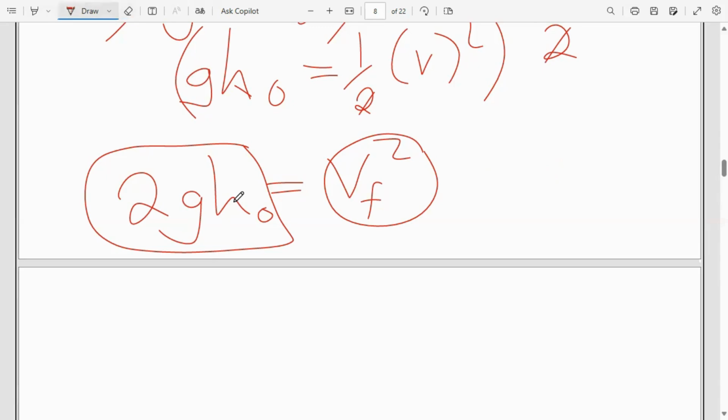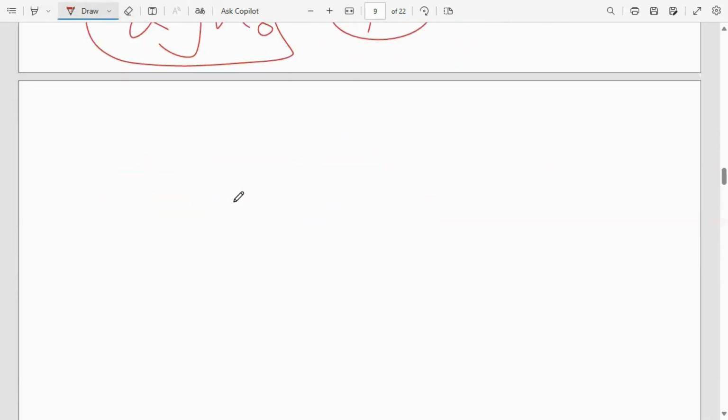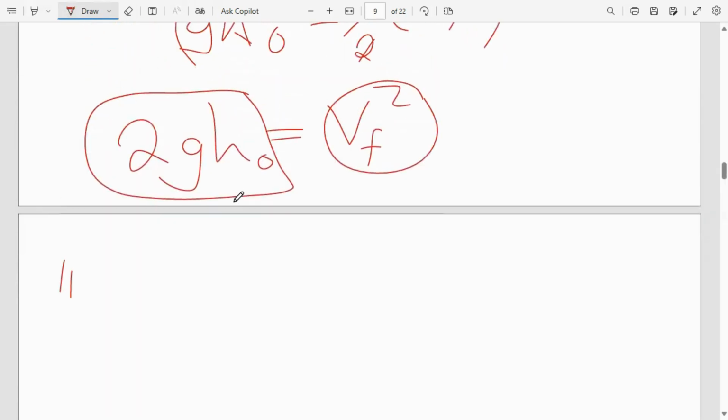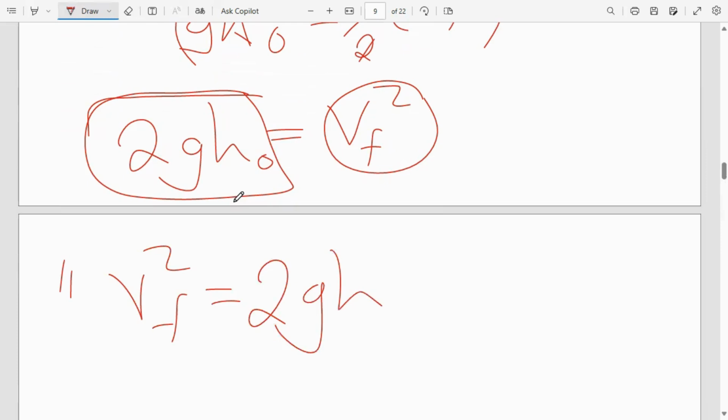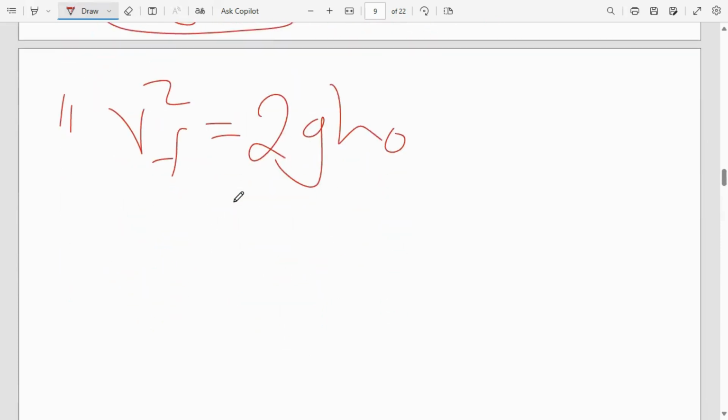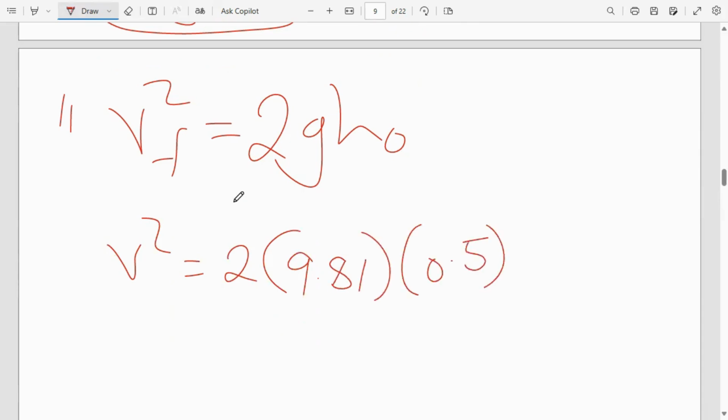Now we can look at question 2, which was asking us to calculate the velocity at B. We've already found the expression for the velocity at B. V final squared will be equal to 2gh. So V squared will be equal to 2 multiplied by the gravity, which is 9.81, multiplied by the height, which is 0.5 meters.